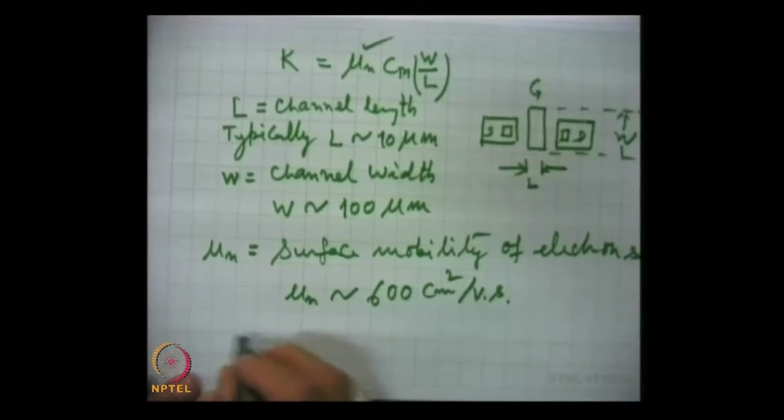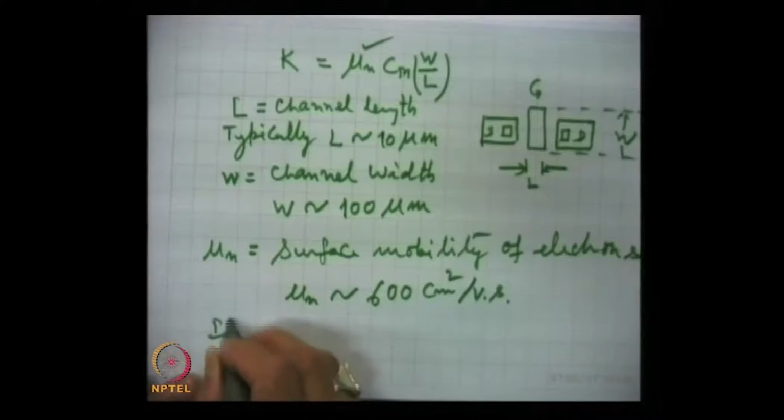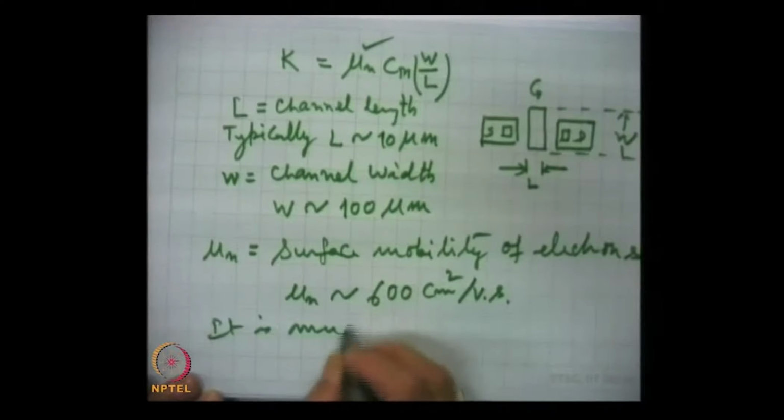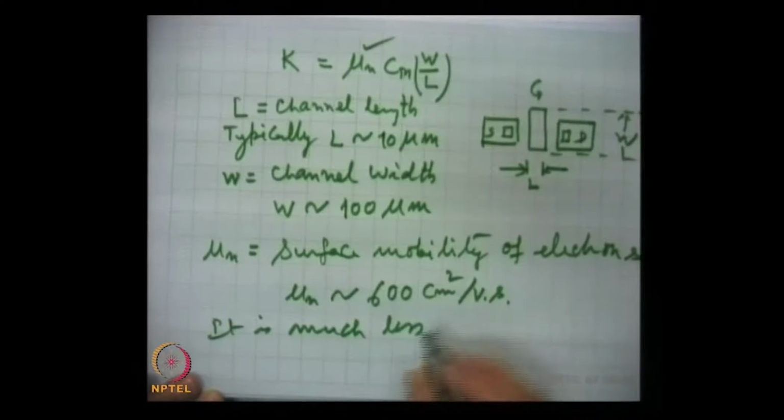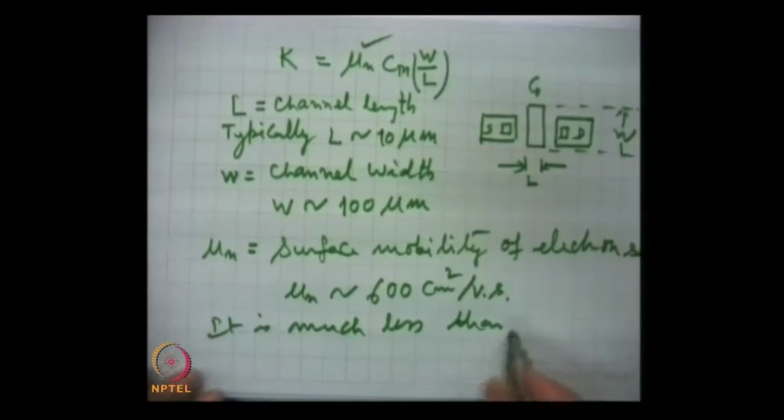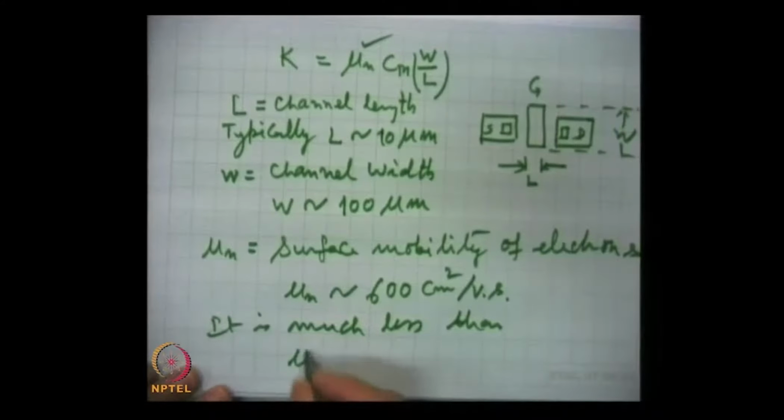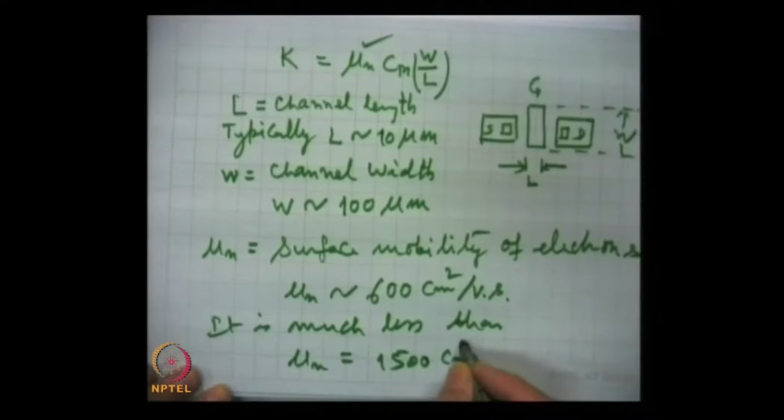If we compare this with the bulk value, it is much less than the bulk value mu n, which is 1500 centimeter square per volt second.